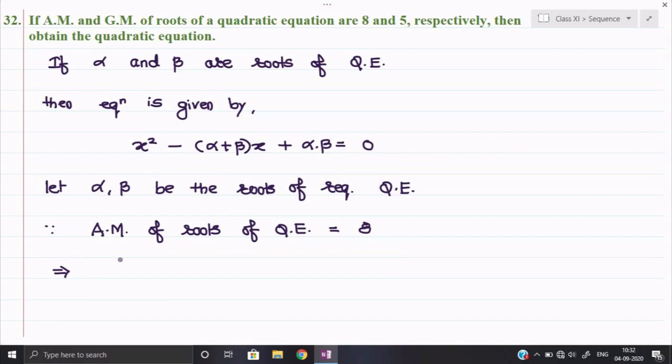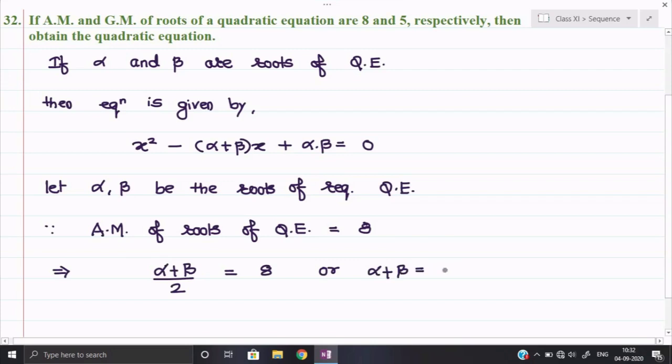So here the arithmetic mean of the roots, which are alpha and beta, will be alpha plus beta upon 2 is equal to 8, or we can say that alpha plus beta is equal to 16. This is my equation number second, and this is my equation number 1.